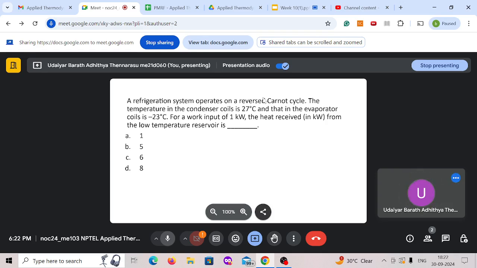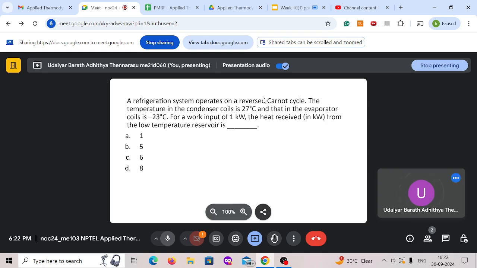for a heat pump. A heat pump is nothing but a system where your desired output is the condenser heat which is rejected, divided by the work. So in a refrigerator it is the evaporator heat, and in the heat pump it's the condenser heat.